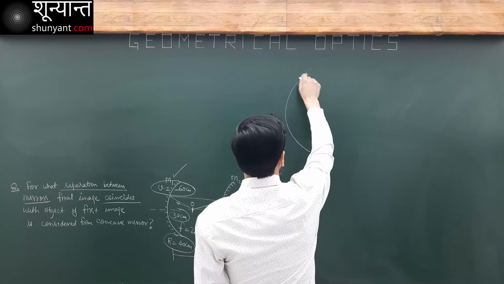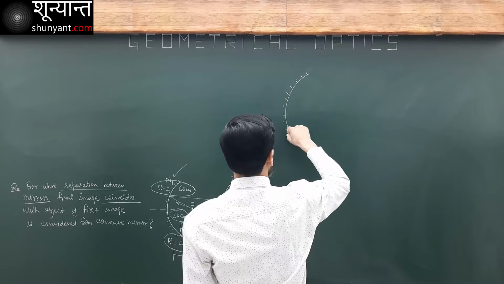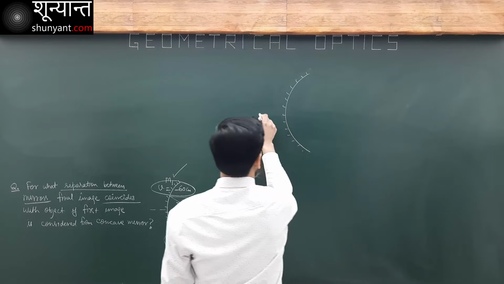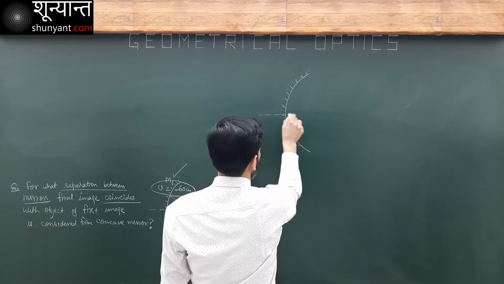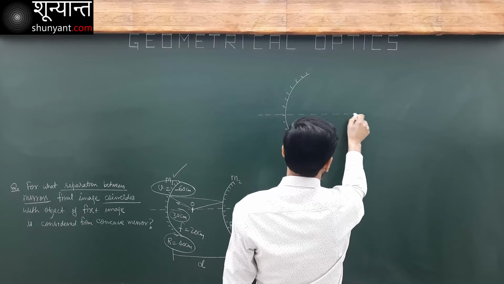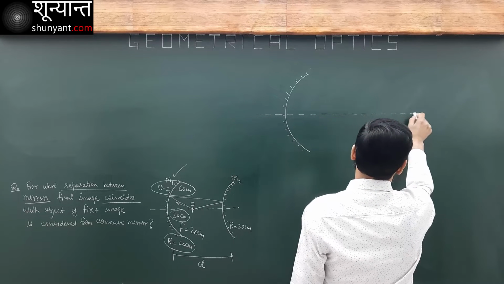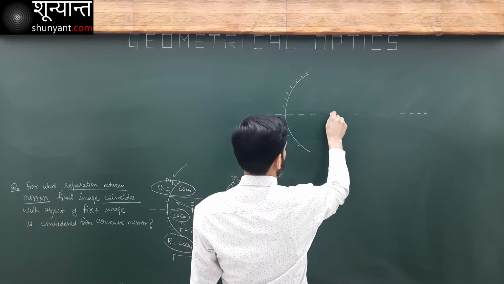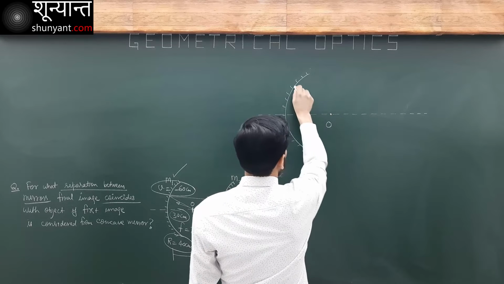I'm going to do this big diagram. Let's forget about the second mirror and focus only on the first one. This is my object here.